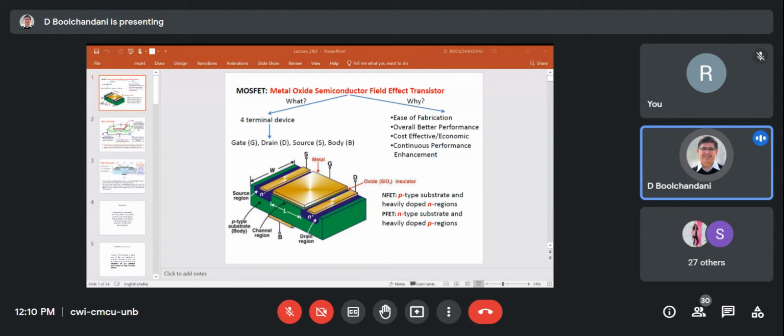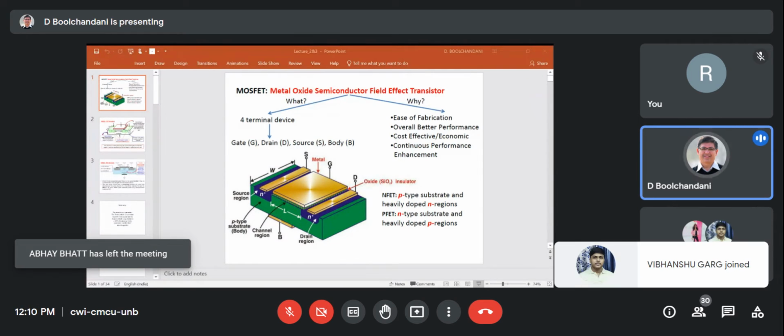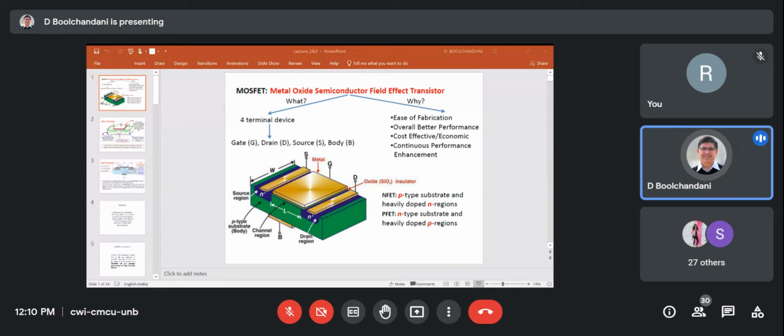As technology has progressed, it has become easy to fabricate MOSFET. It has an overall better performance as compared to BJT. It is cost effective and economic. You can reduce it to a very small size. The best advantage of MOS circuits is that you can scale them to very low dimensions, and there is a continuous performance enhancement.